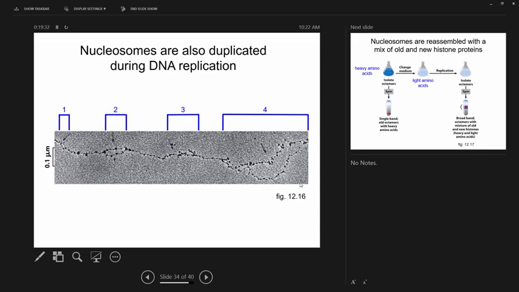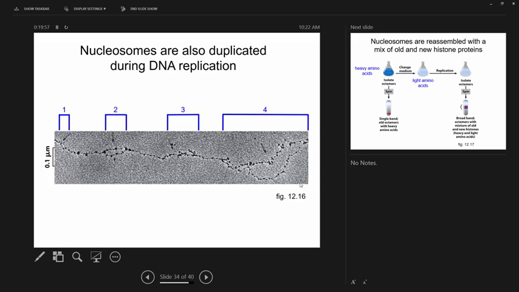So nucleosomes are also duplicated during DNA replication because at the end you're going to have twice as much DNA, so you're going to need twice as much of the histone H2A, H2B, H3, and H4 proteins, and also H1.